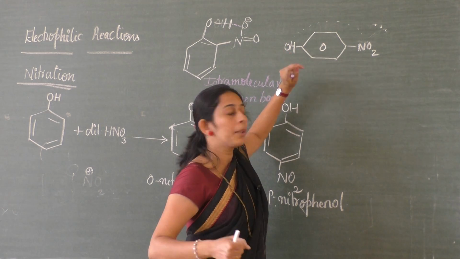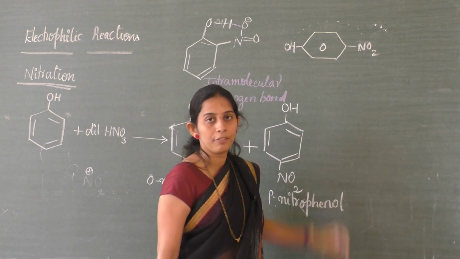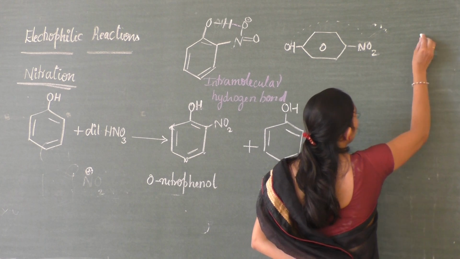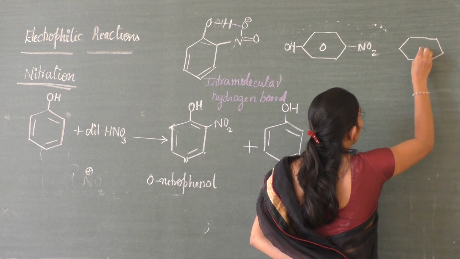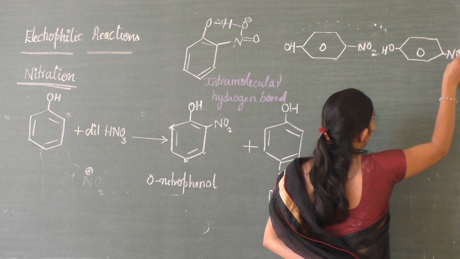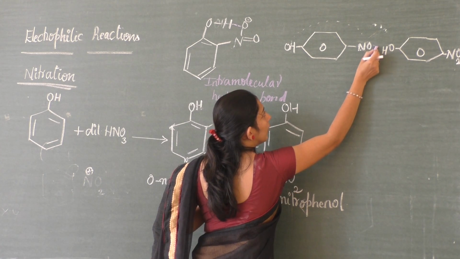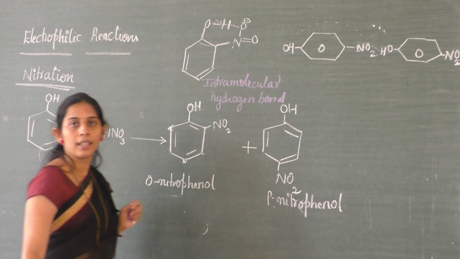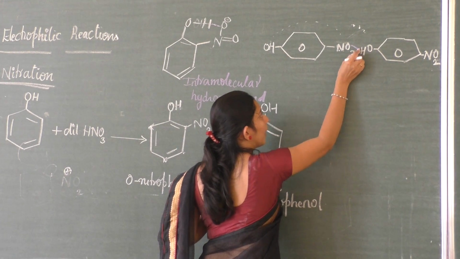Attractive force is not present between hydrogen and oxygen in paranitrophenol. So what happens then, if another molecule is nearby, with OH here and NO2 here, at that time hydrogen bonding is present here.